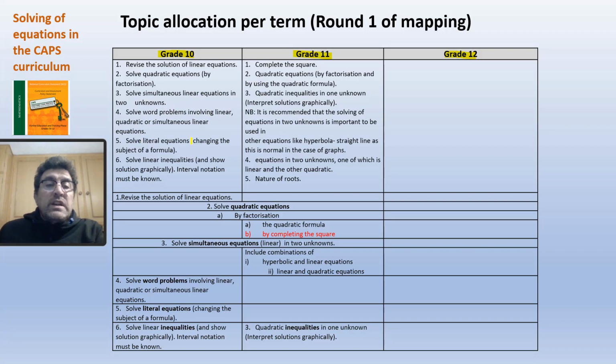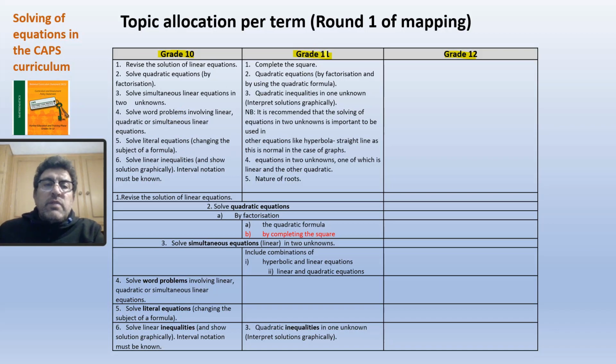Solve literal equations, in other words those where you change the subject of the formula. Solve linear inequalities and show the solution graphically, and you must also be able to work with it in interval notation as well. Now as a maths teacher you should know what that means. We'll talk about that if you don't.